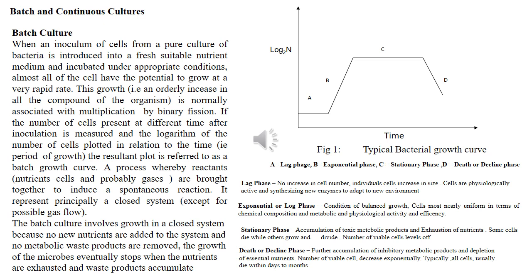Cells and tissues can be cultured as batch and continuous cultures. In batch culture, an inoculum of cells from a pure culture is introduced into a fresh suitable nutrient medium and incubated under appropriate conditions.